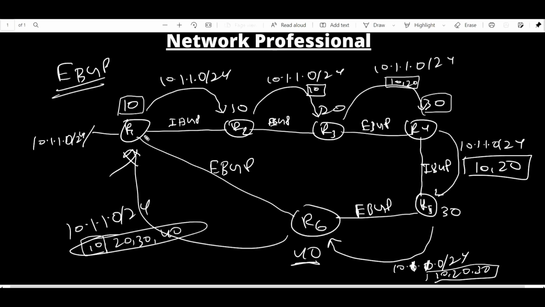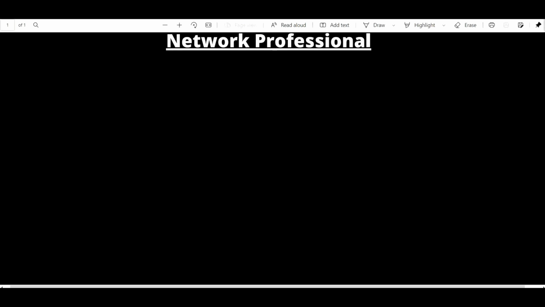If I find my own autonomous system in the update, then I will never accept that update. So this is how we avoid loops in eBGP. Let me show you practically to make it clearer. We will break these rules as well, don't worry, but always remember these two rules.